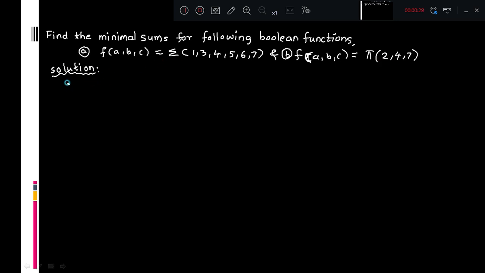So we solve for the first function by observing f(a,b,c). It is a three variable function. Draw K-map.